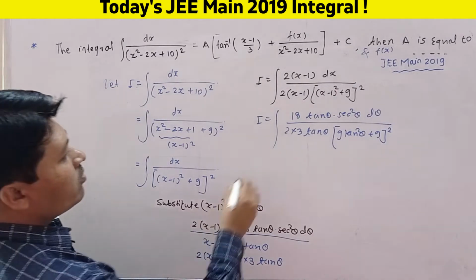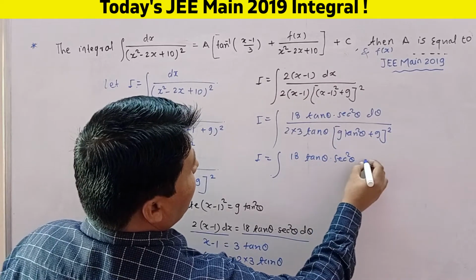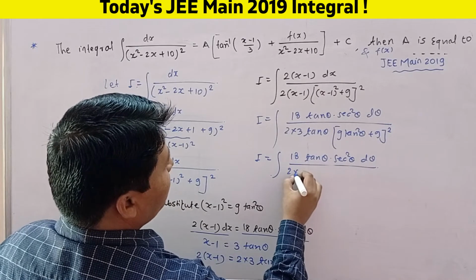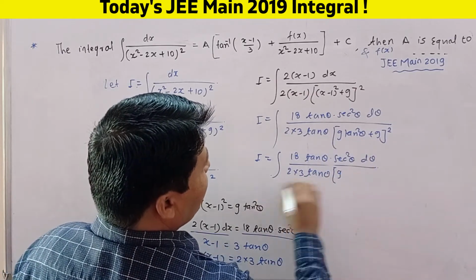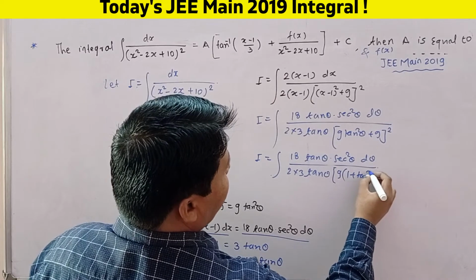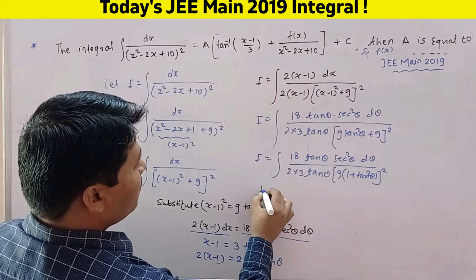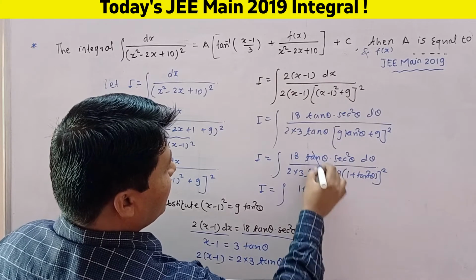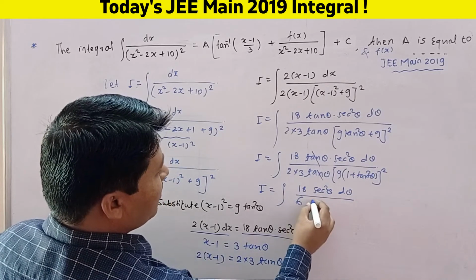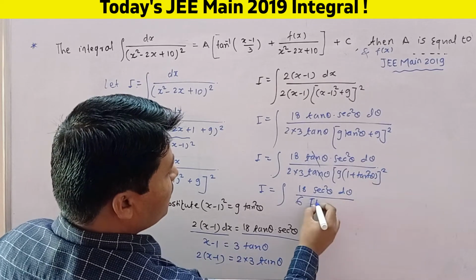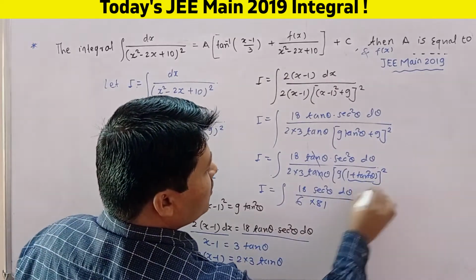Here I is the integral of 18 tanθ sec²θ dθ divided by 2 times 3 tanθ, and in the bracket we take 9 common, giving 9(1 + tan²θ). Now we simplify again. The 18 tanθ cancels, leaving sec²θ dθ, divided by 6 times 81 times (1 + tan²θ)².